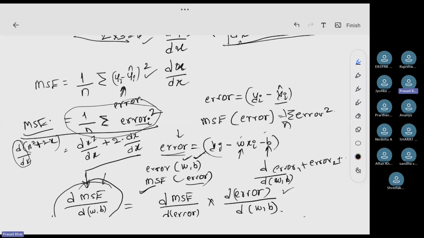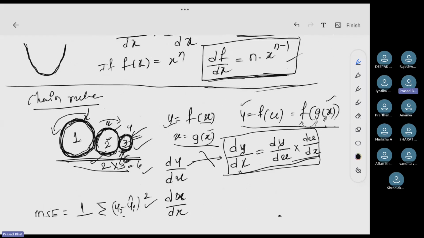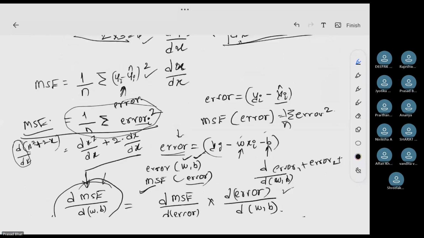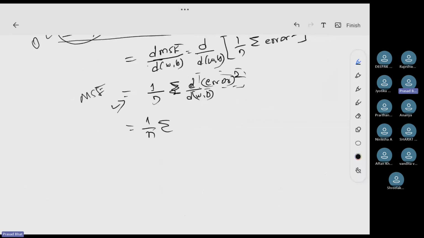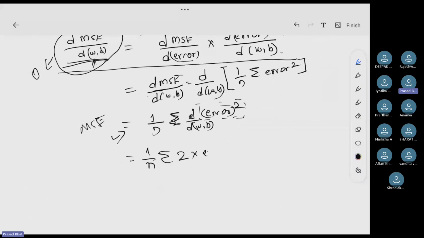It was mentioned somewhere here. Yeah, this one. So based on that, what do I get? 2 into error, correct? And then I will have to multiply the next one. What is it? d error with respect to W comma B. This I need to find out. This is straightforward, no issues there.